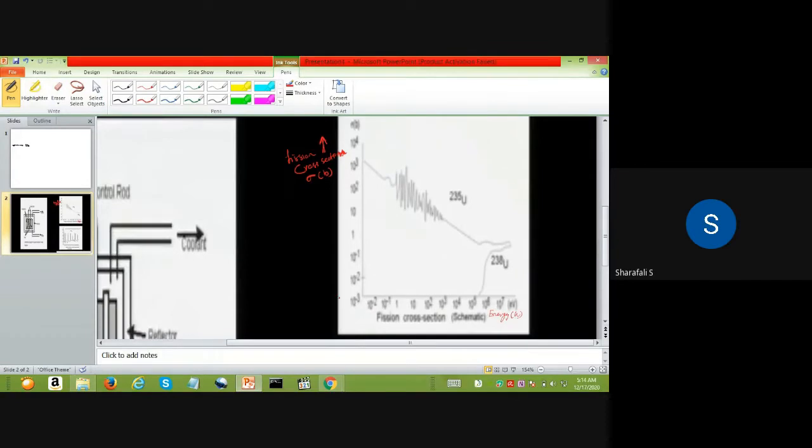On this side you have a logarithmic scale. So this is 10 to the power minus 2, this is 10 to the power minus 1, and this is 1, 10, 10 squared, 10 to the power 3, 10 to the power 4, 10 to the power 5, 10 to the power 6.